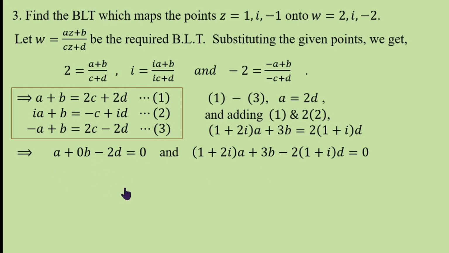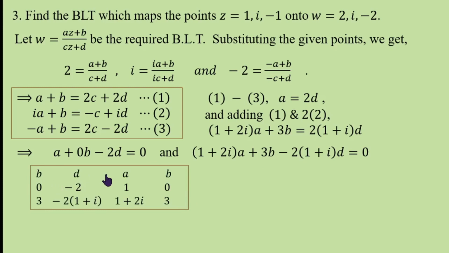Start with the b coefficient and then d, and then a, again b. So b, d, a, b. In the first equation 0, minus 2, 1, 0. In the second equation 3, minus 2 times (1 plus i), 1 plus 2i, and 3.